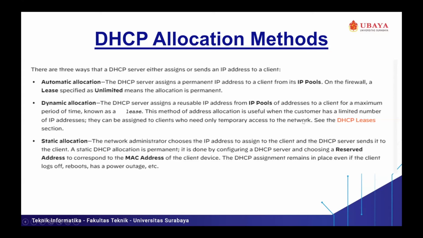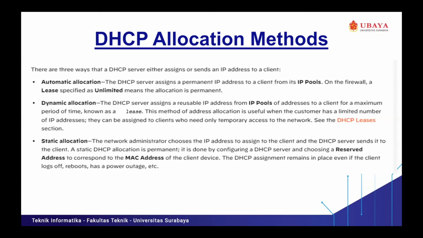If we use dynamic allocation, we will give temporary access to the network to every client. For example, we have 300 clients, but our router can only handle 255 clients. So what will happen with the other 45 clients that want to connect to our router? We will give temporary access to 255 clients in a range of time.